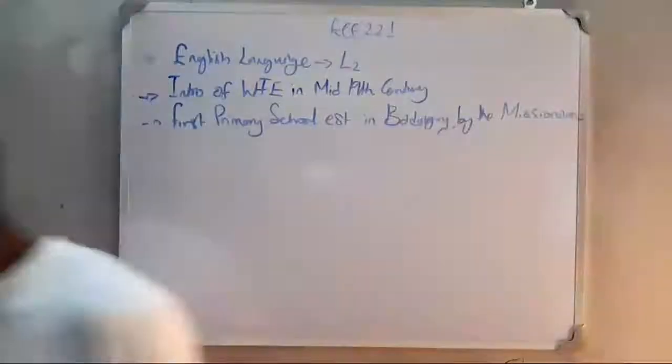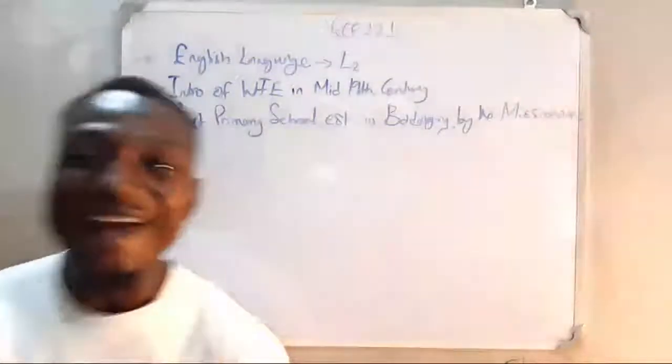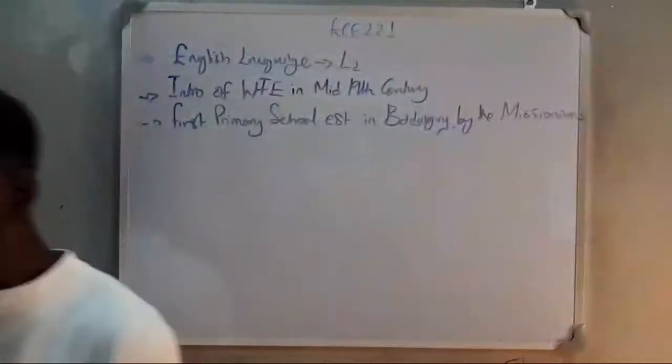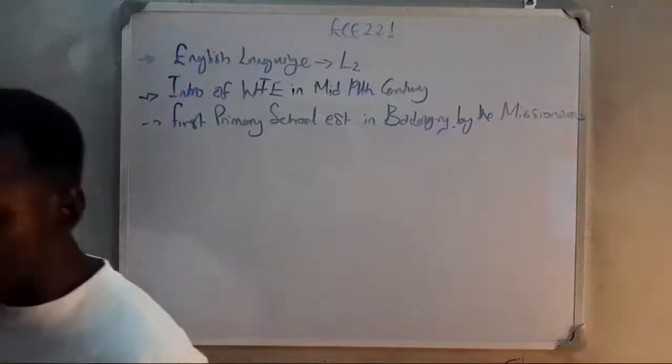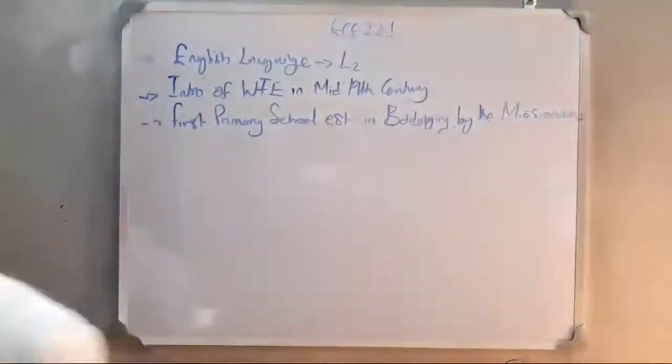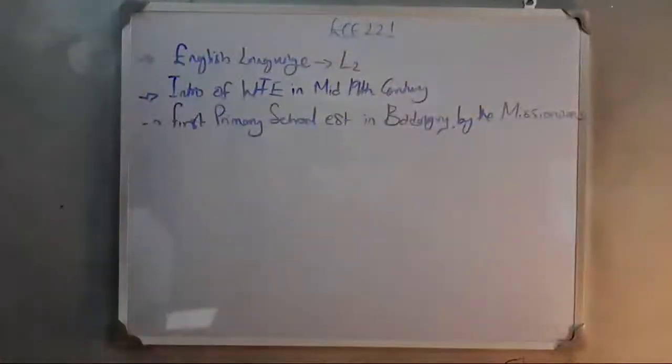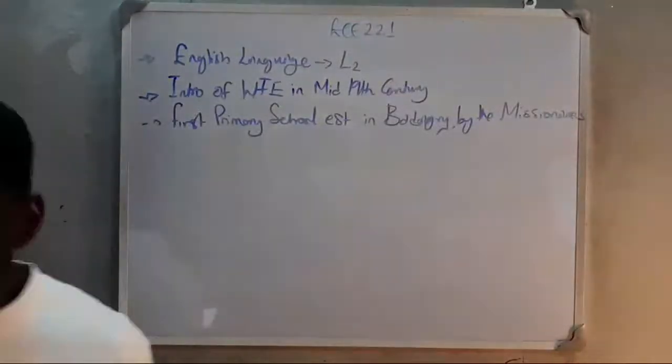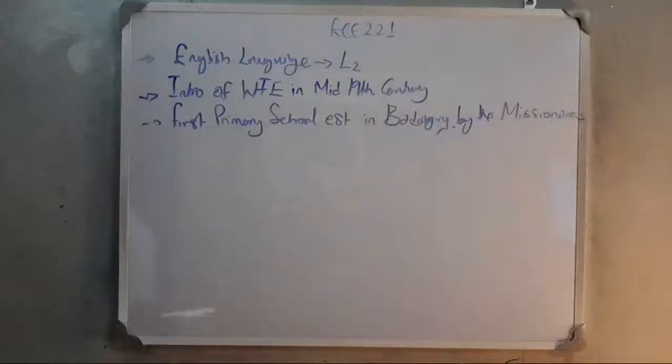So schools, education and literacy had to be introduced to the people, to equip the converts with skills of reading the Bible, singing hymns, and reciting, and just to read and understand the Bible, and some things missionaries do.